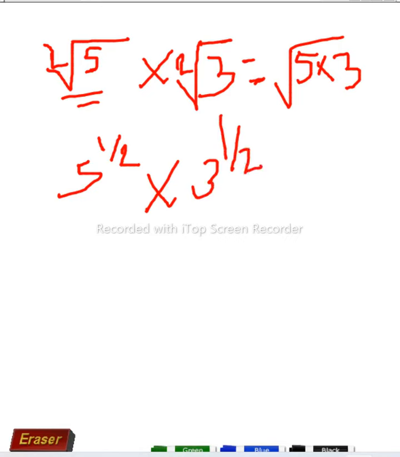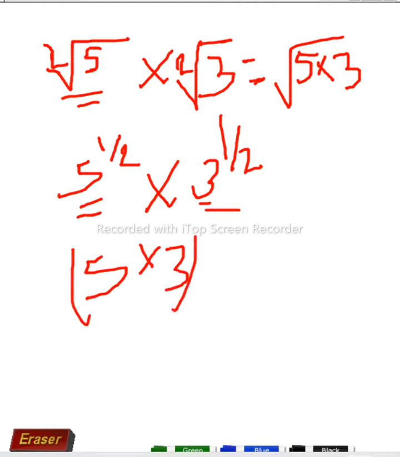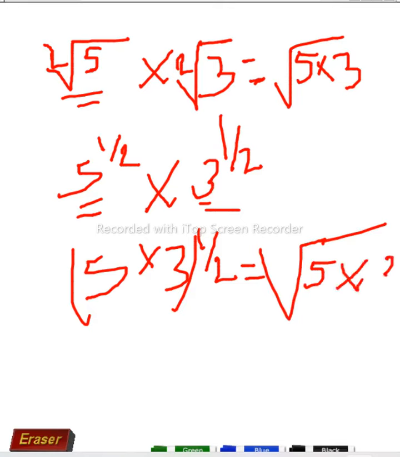Then we have the same power or exponent, so we take only this number and this number, and then we take the power of 1 over 2 for both 5 and 3. So the power of 1 over 2 means this is the same as writing the square root, 2 here, which is 5 times 3, our final result.